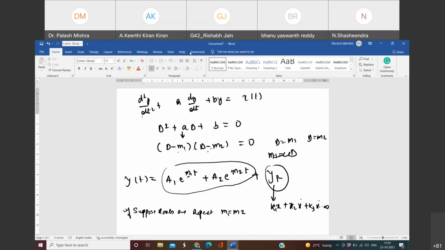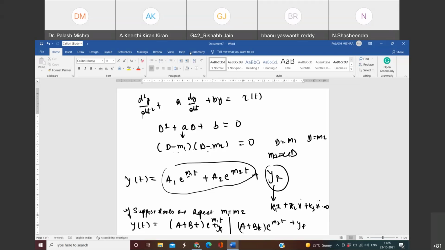Then there will be only one constant, and your solution will be something like this: (a plus b times t) e to the power of m1t, or m2t, whatever you can write, because m1 and m2 are the same. This will be the response of the system plus yf.